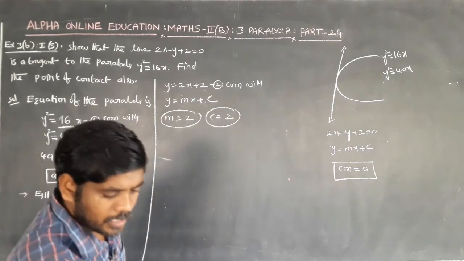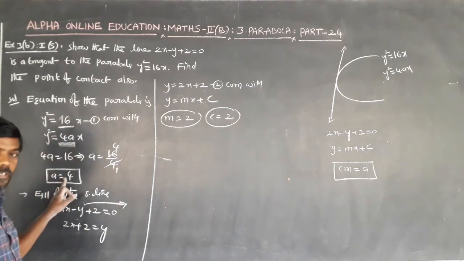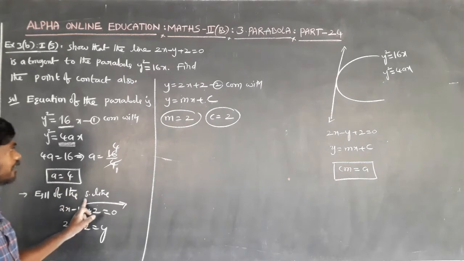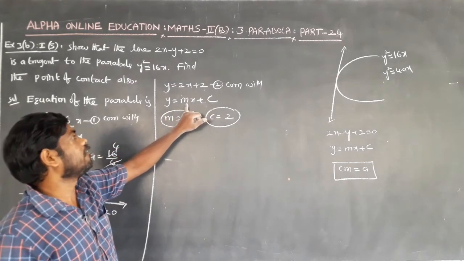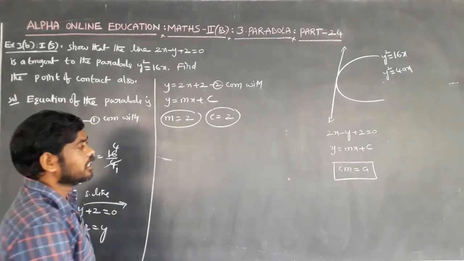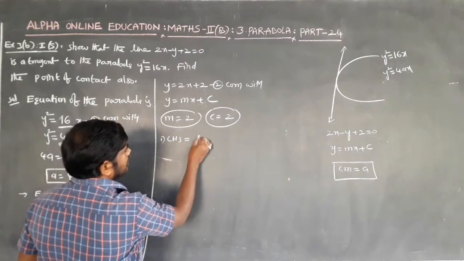Given parabola, comparing with the standard parabola, find the value a. Given straight line, comparing with y equal to mx plus c, find the values m and c. Here we prove that LHS equal to RHS.